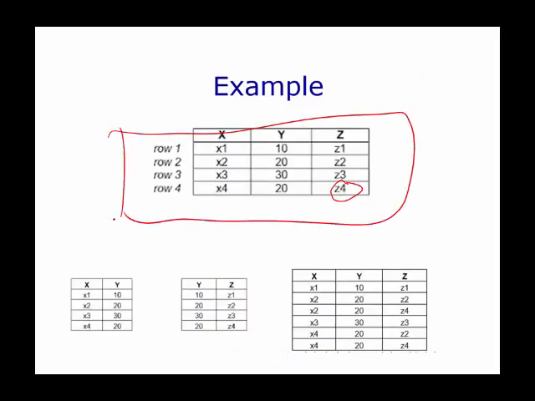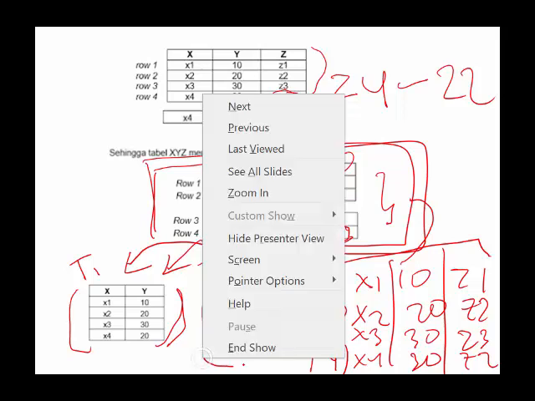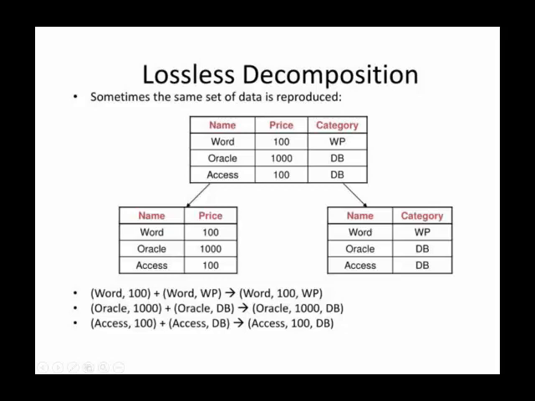We can't decompose it if we still use Z4 like this. But in a different table with the same structure, we decompose it, and after we combine it again, it returns the same result.